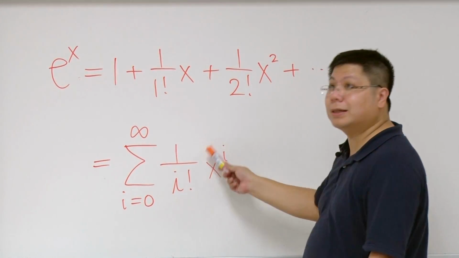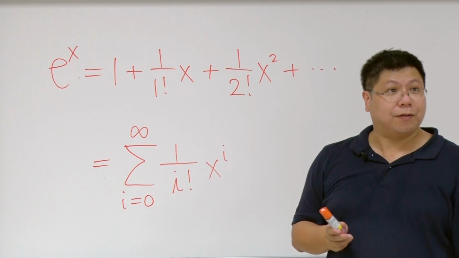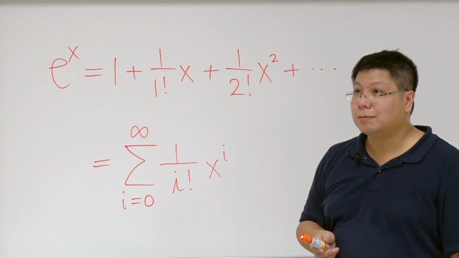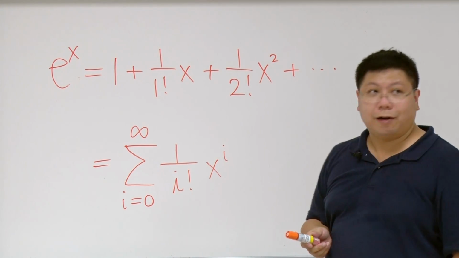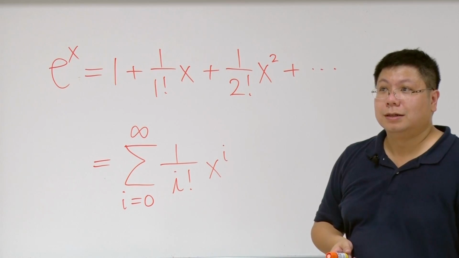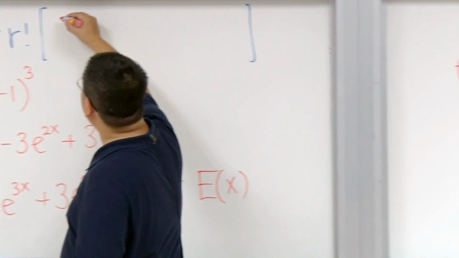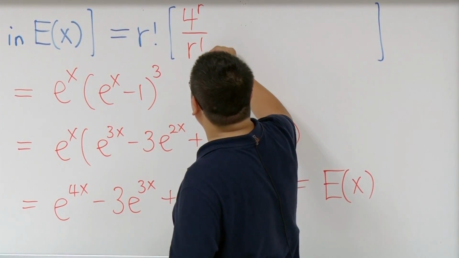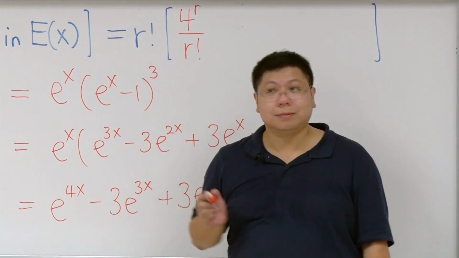And then we want the coefficient of the x to the power r term. So this will be 4 to the power r divided by r factorial. This is the x to the power r term here.